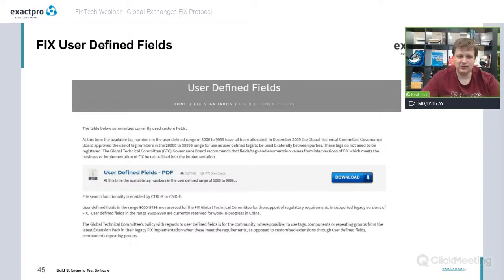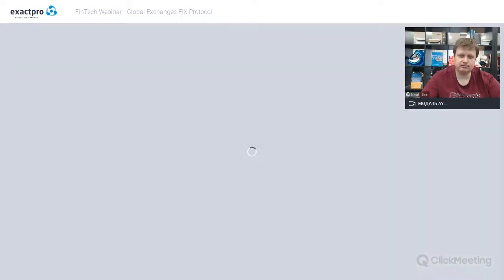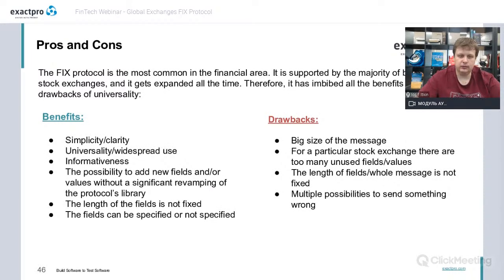All tags from 5,000 to 9,999 are already occupied, but there is still some room left to add additional interesting and sophisticated tags.